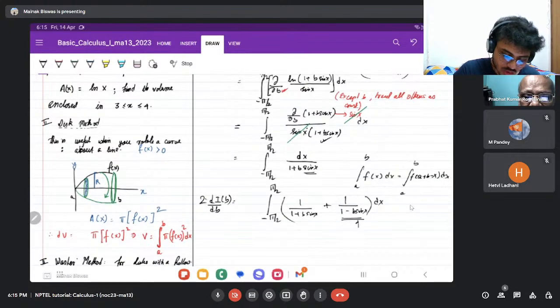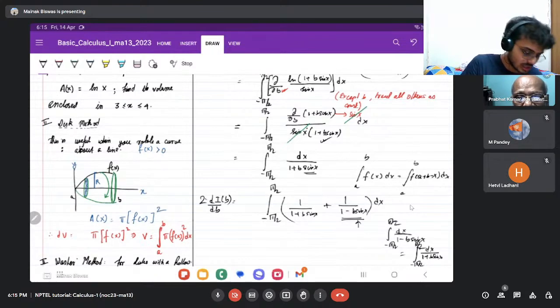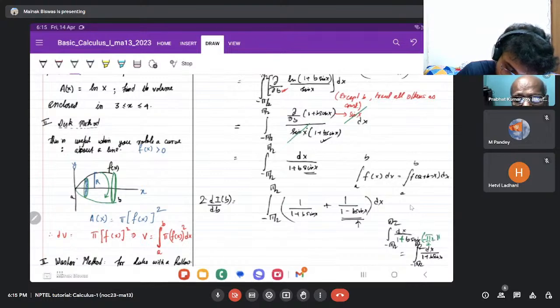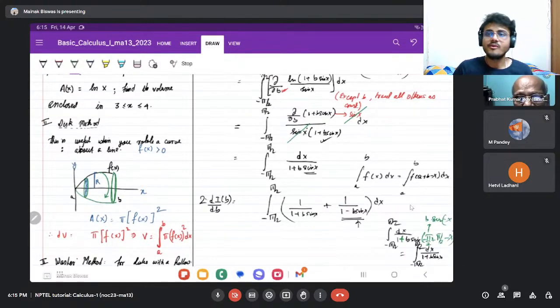So the integral of dx over 1 minus b sine x from minus pi by 2 to pi by 2 is equal to the integral of dx over 1 plus b sine x from minus pi by 2 to pi by 2. Do you agree? Because this minus can be written as pi by 2 plus pi by 2 minus x, which gives b times sine of minus x. Understood? Any doubt?